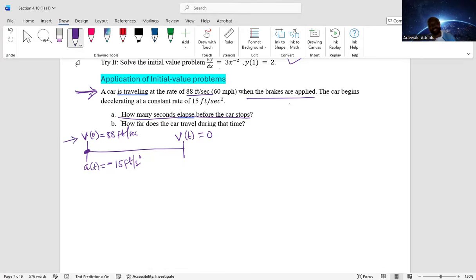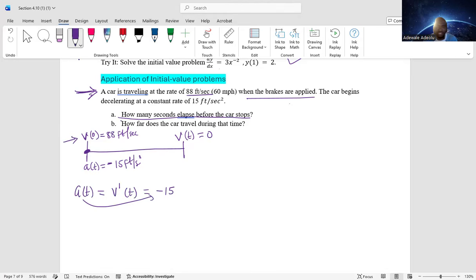That velocity is changing until it becomes 0. But I can claim my a of t is negative 15. And I say negative because it is going down. Let us see what we can formulate here. First and foremost, I notice that acceleration is the derivative of velocity. And this acceleration is negative 15.